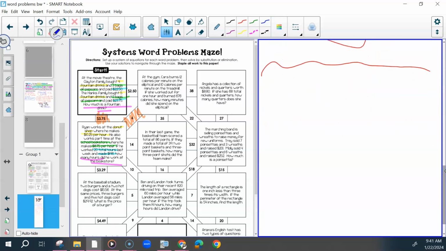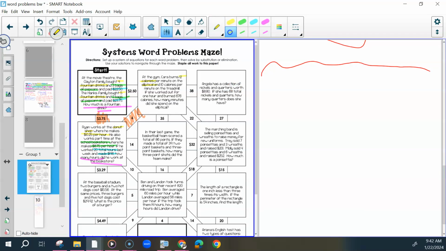Alright, for the one at the top, at the gym, Kara Short burns 12 calories per minute on the elliptical and 10 calories per minute on the treadmill. If she worked out for 1 hour and burned 676 calories, how many minutes did she spend on the elliptical? What's important here? Burns 12 calories per minute on the elliptical.